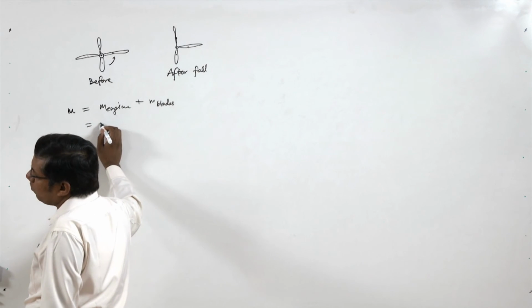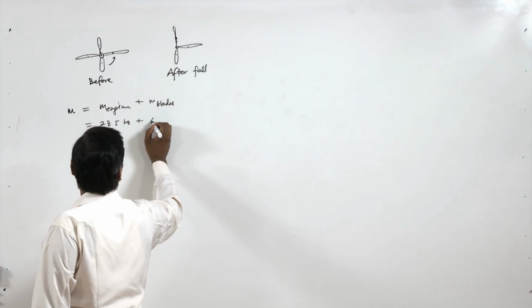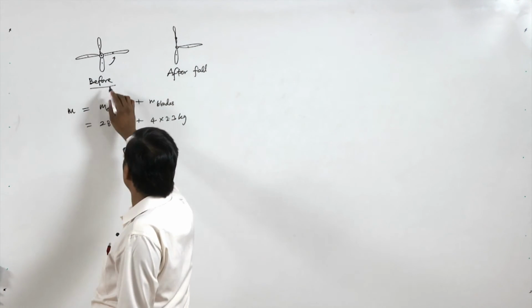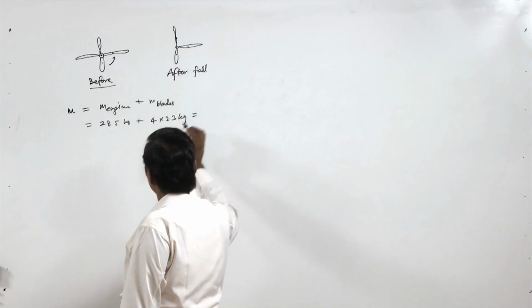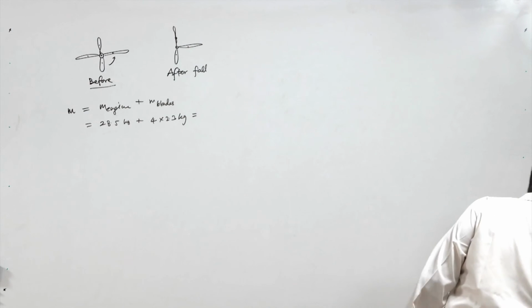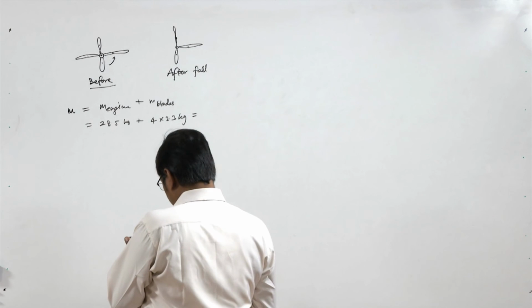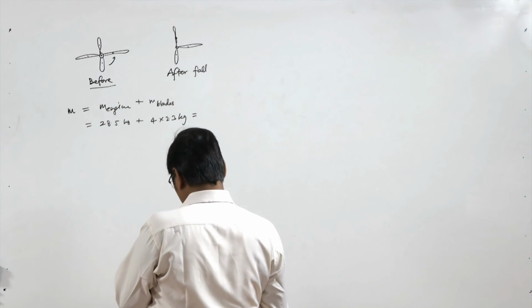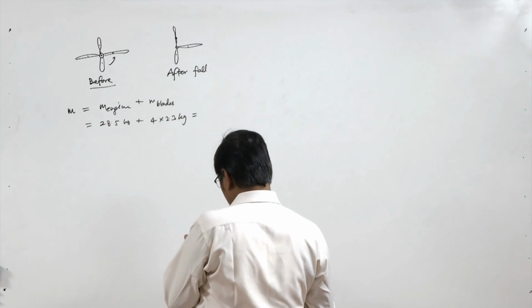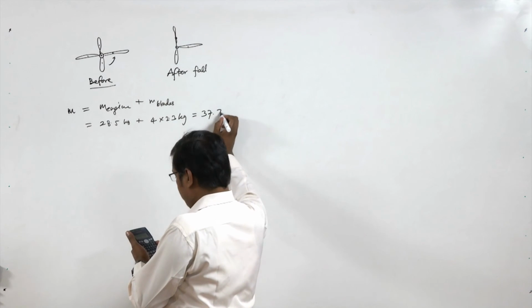The mass of the engine is 28.5 kg, and this is 4 into 2.3 kg. So this is before, and it comes out to be 37.7 kg.